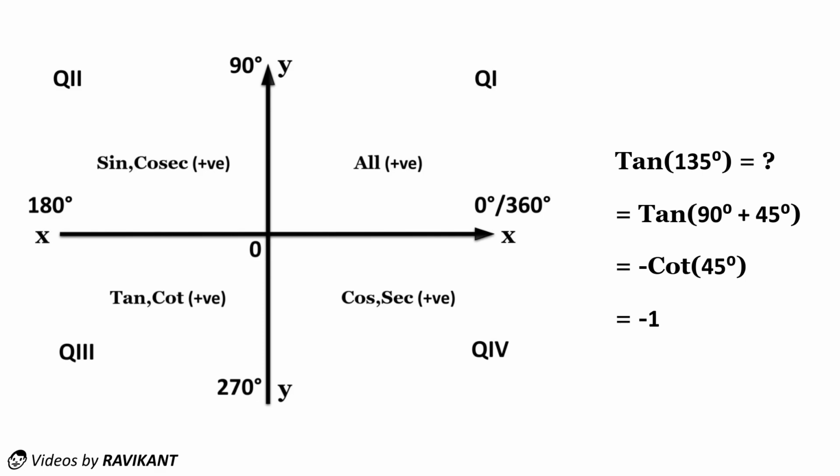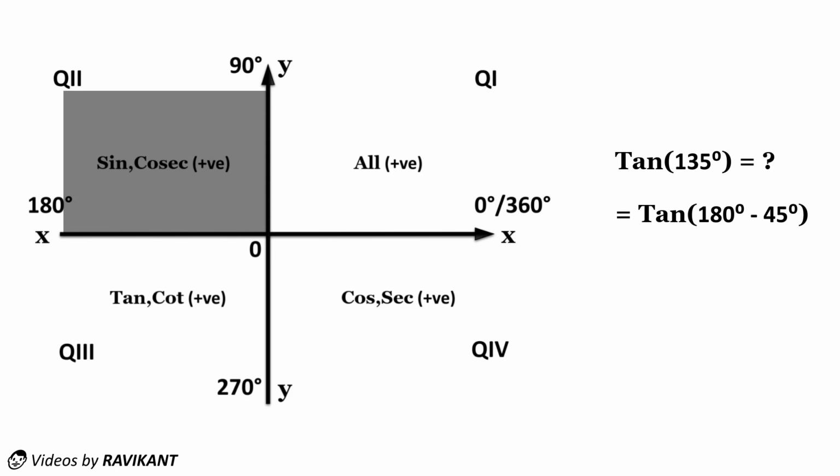Now solve this question by another method. We can also write tan 135 degree is equals to tan 180 degree minus 45 degree. You can solve either from 90 degree or 180 degree. It's your choice. So we have the angle 180 degree minus 45 degree. That means 45 degree lies in second quadrant, and in this quadrant only sine and cosec are positive.